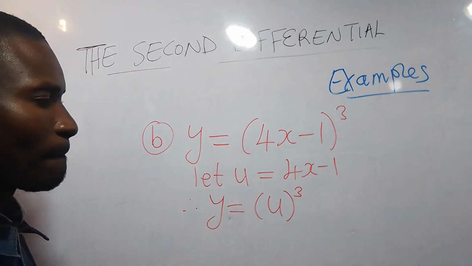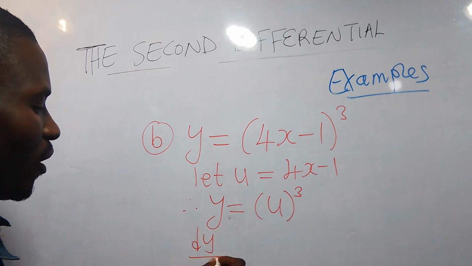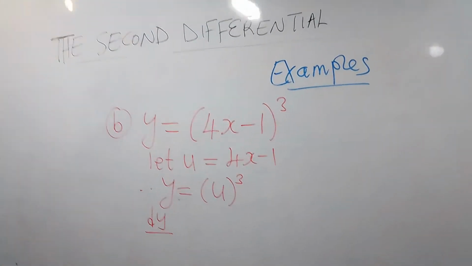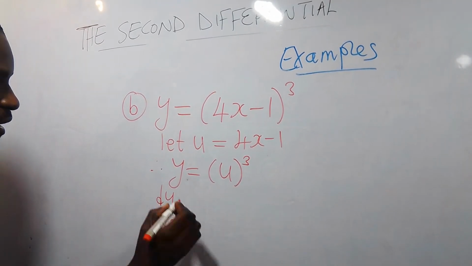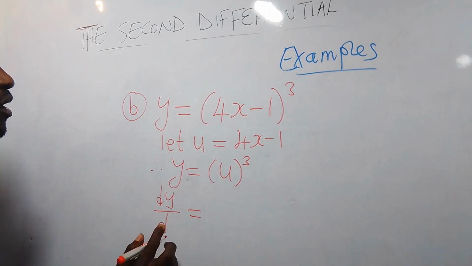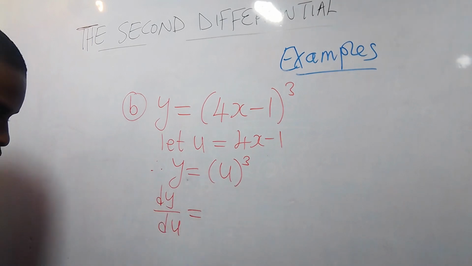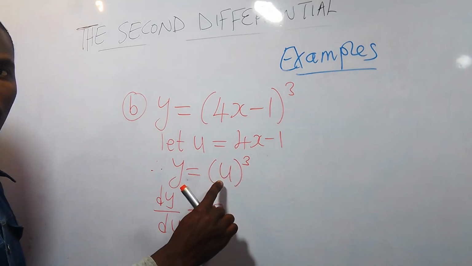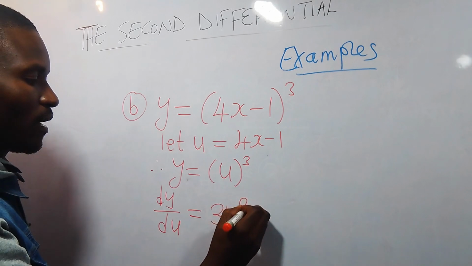Now you can say dy over dx equals dy over du. So this is going to be 3, this power, multiplied by the coefficient, so it's going to be u to the power 2.